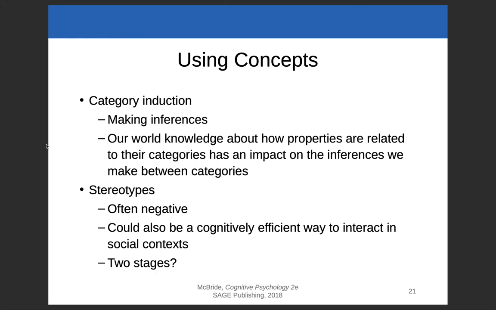Once we automatically activate that knowledge, we would move to the next stage that involves a more controlled and deliberate process where we're able to overcome or explain away some of the initial things that we came up with, and then correctly understand and categorize the object.